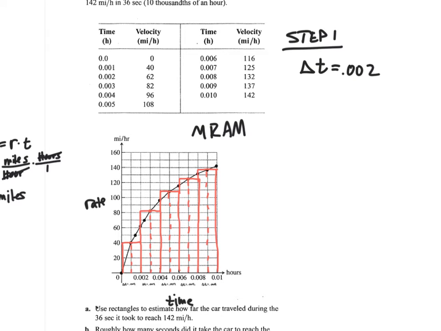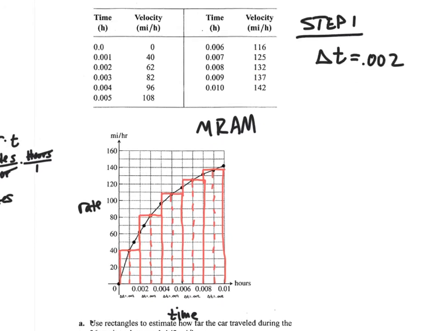Now we need to find the different heights. It's hard for me to tell these from the graph, but that's why we have the table here to help us. The nice thing is that for these different times, I have the different velocities. I'm concerned about the ones at 0.001, 0.003, 0.005, 0.007, and 0.009.